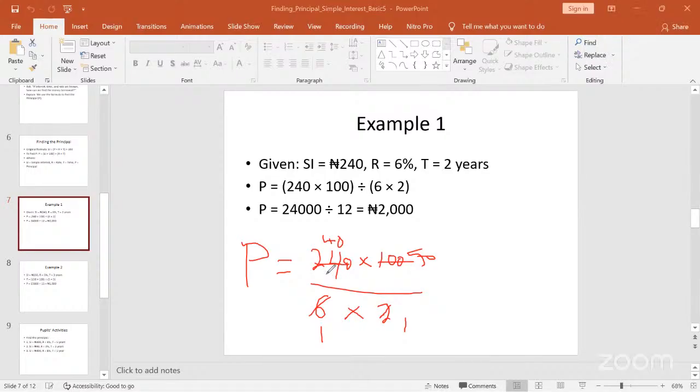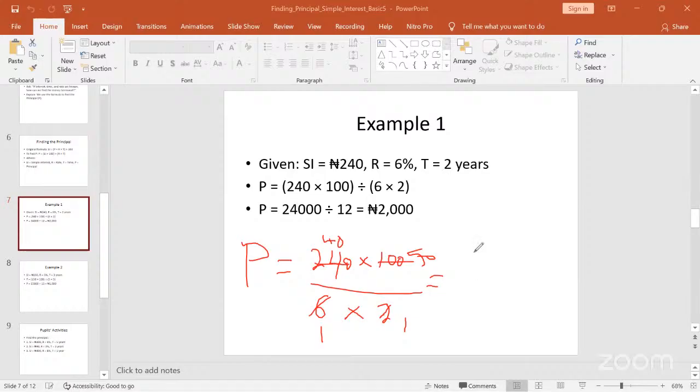So we're left with 40 times 50 all over 1 times 1. What is 40 times 50? Did you calculate it using your pen? 2000. Thank you, 2000.